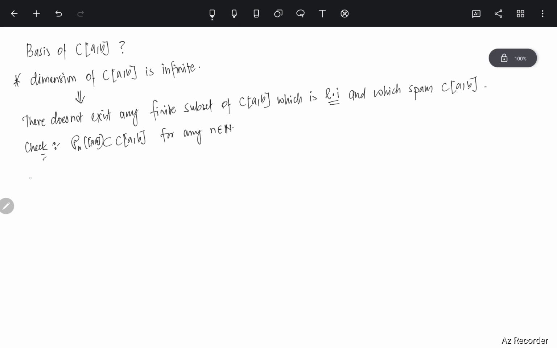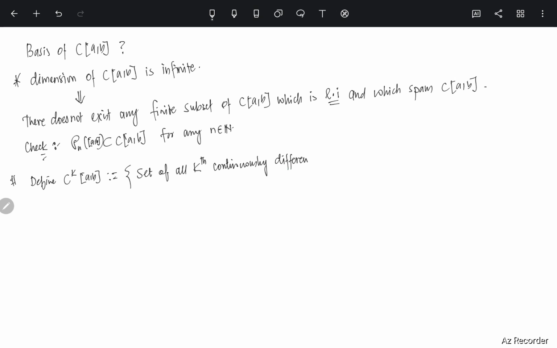Of course we can. So we define C^k[a,b]. What is C^k[a,b]? C^k[a,b] is the set of all k times continuously differentiable functions on [a,b].